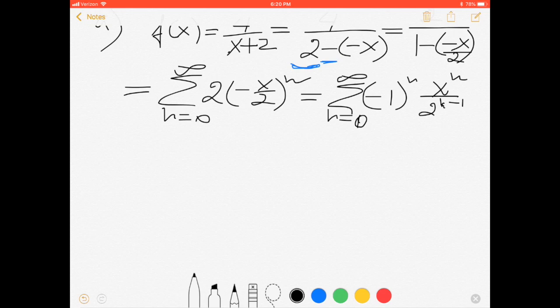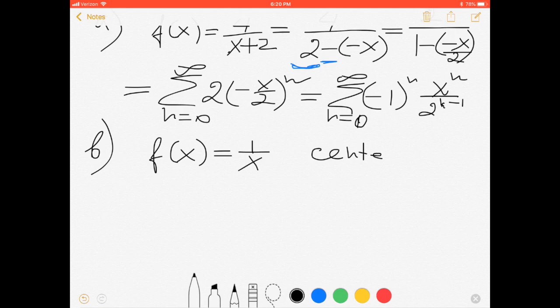Looking at one more example. What happens if I need a power series with some given center? For example, B, we have the function f(x) equals 1 over x, and I need to write it as a power series with center 1. To prepare our function 1 over x, we need 1 over 1 plus x minus 1.